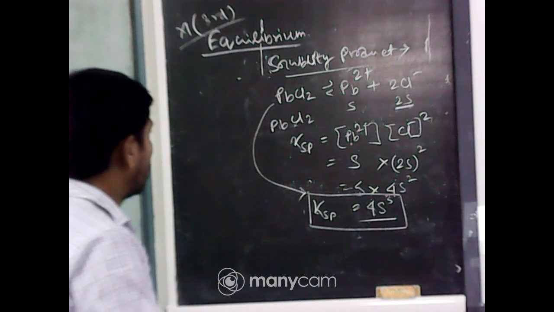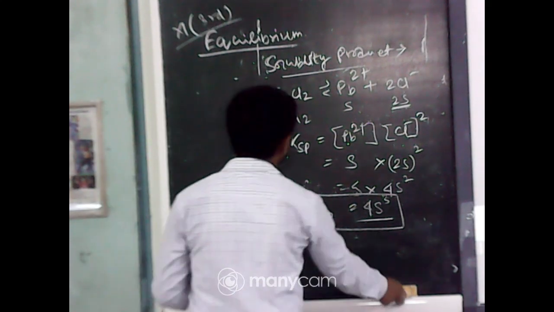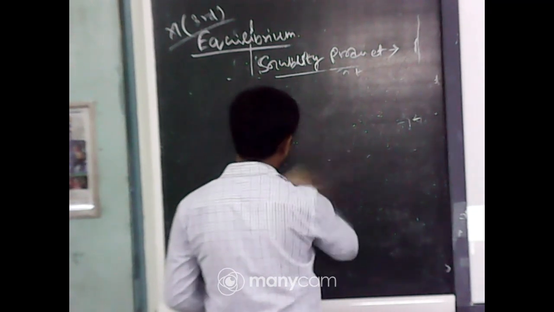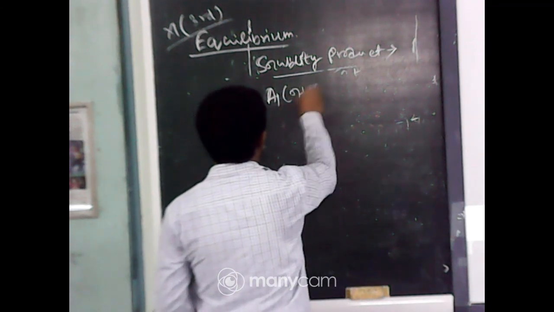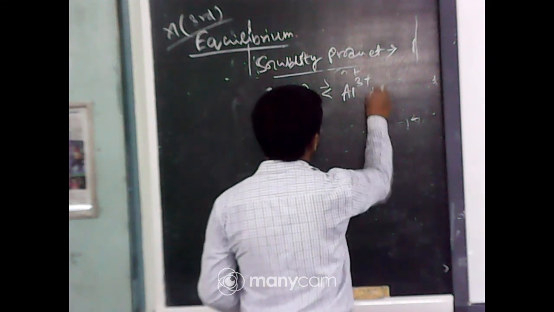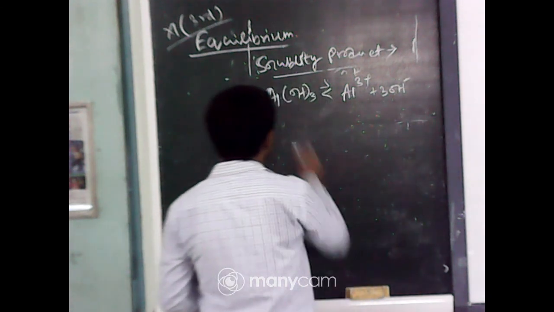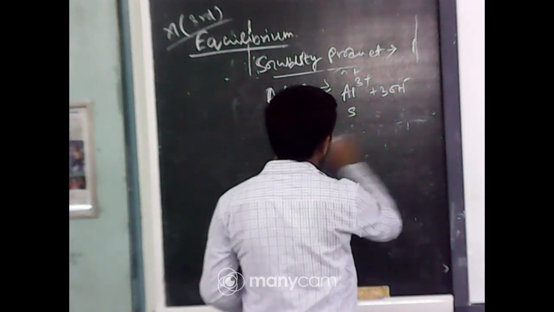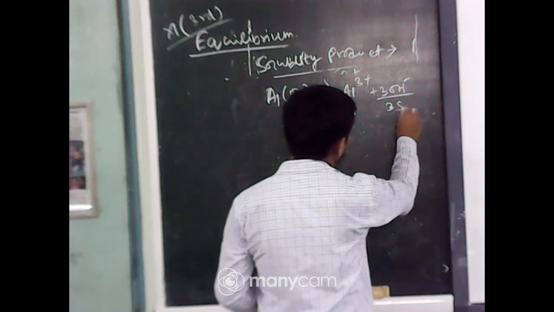Okay. So, we may take another example to derive the relation between Ksp and S. Suppose aluminum hydroxide. First of all, writing down the equation: Al3 plus and 3OH minus. Now, the solubility is given as S. So, the concentration will be S, and here it will be 3S because 3 moles of OH minus are formed, that is 3 multiplied by the solubility.